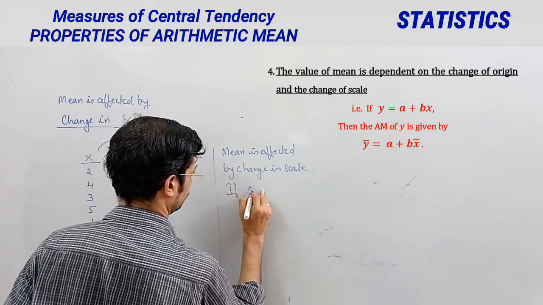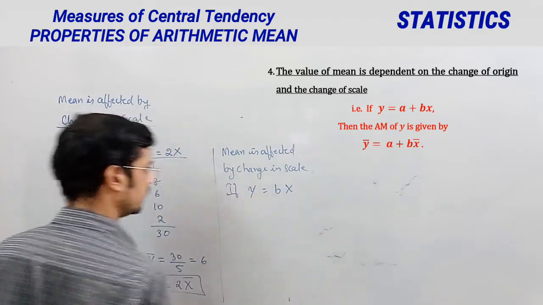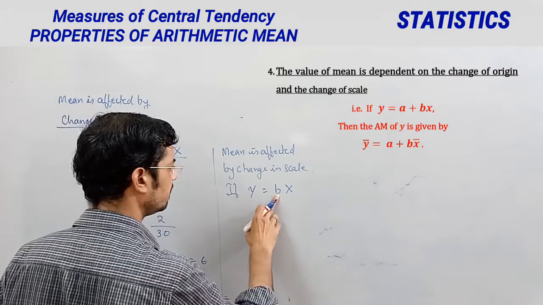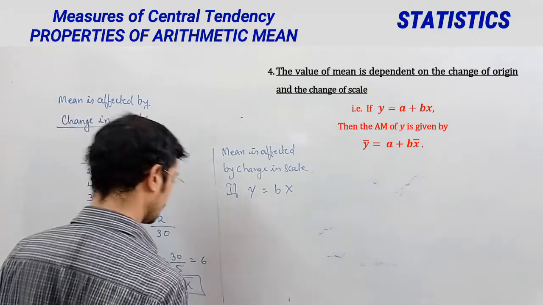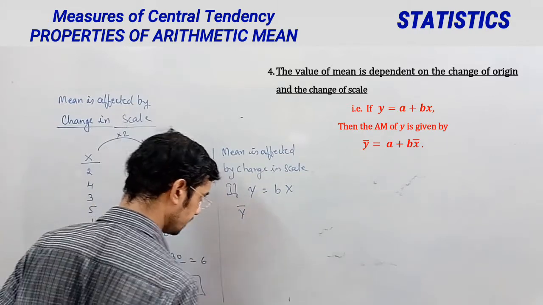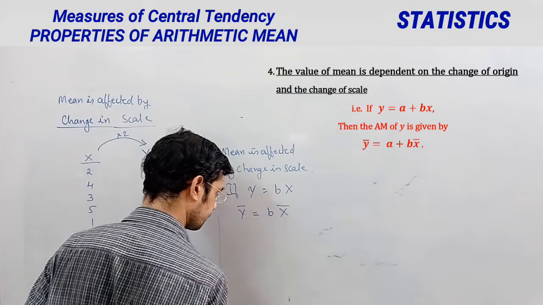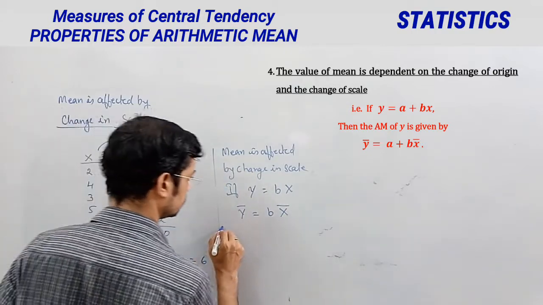Then what happens to the mean of y, or how to find the mean of y? The mean of y will be equal to b into the mean of x. Okay, so that is it.